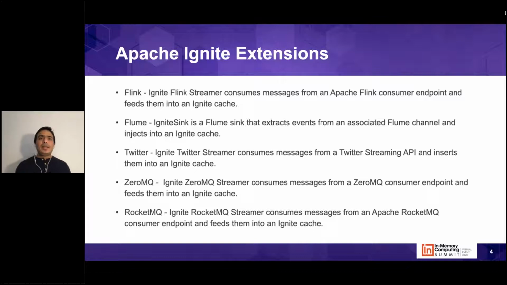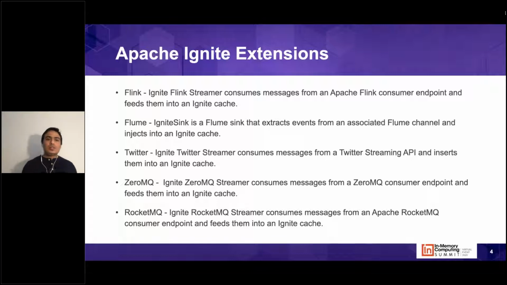So if you're building a data pipeline, either of those extensions can be used, whether you want to store your data set into the Ignite cluster, or you want to use Ignite as your data source and run some processing or jobs inside the Ignite cluster.